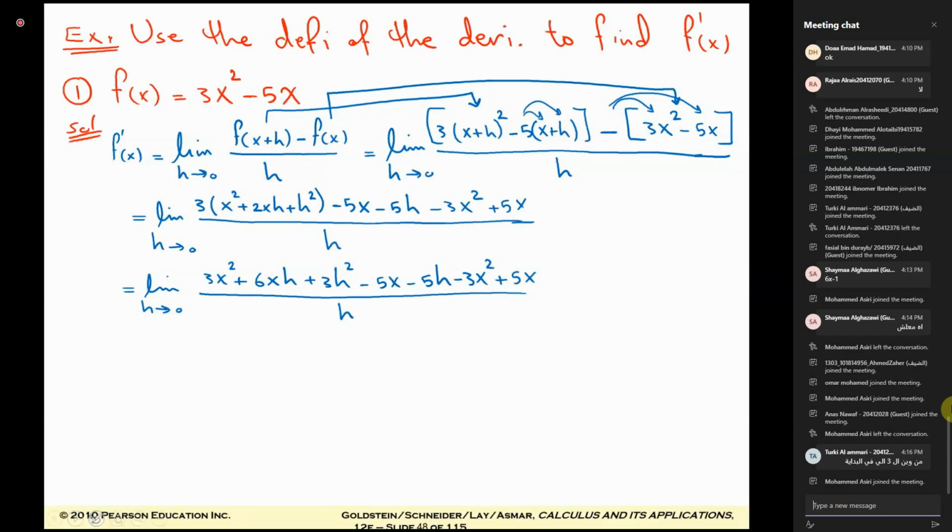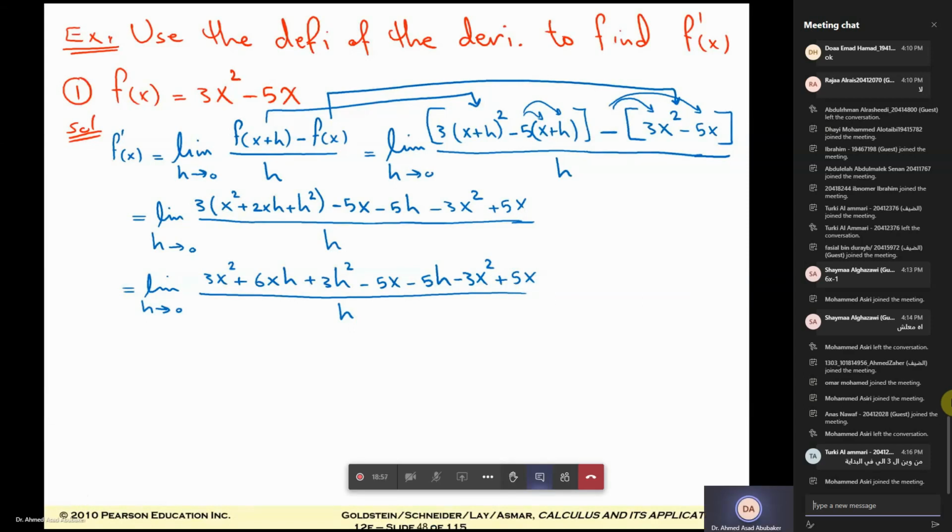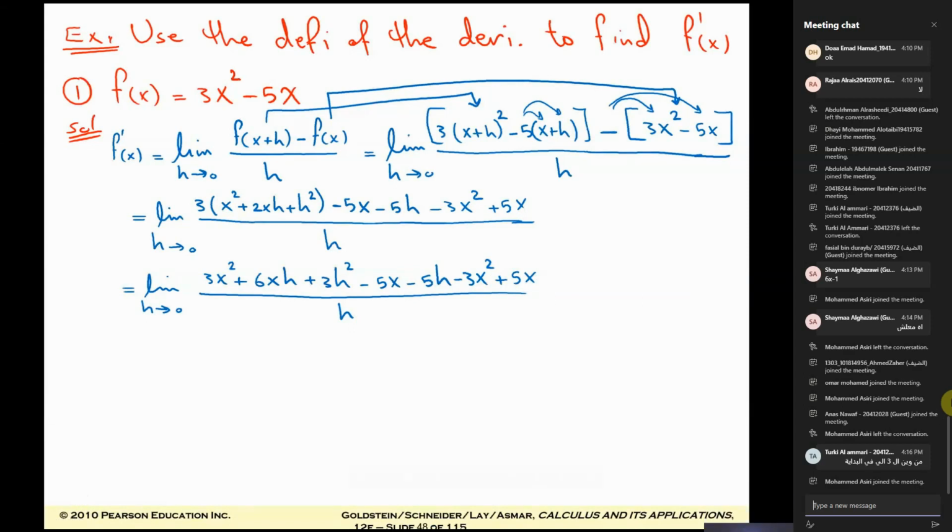Look at this simplify. After simplify, you can remove any terms without h. Any term without h must be removed. We have the terms and opposite terms.